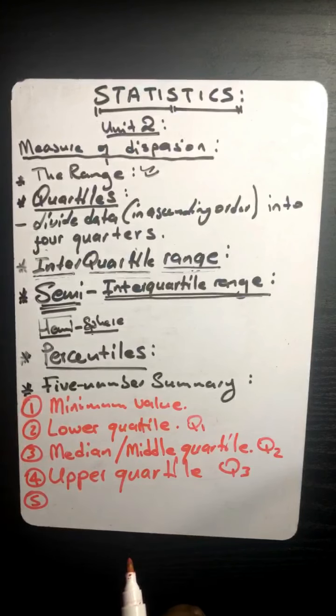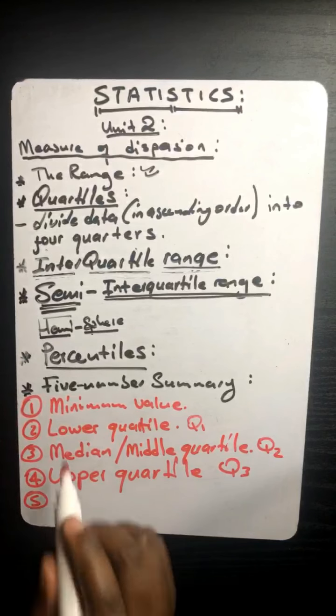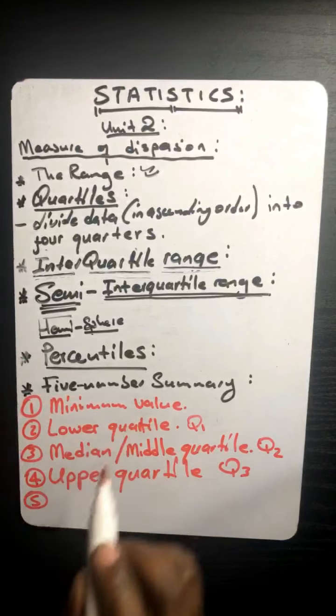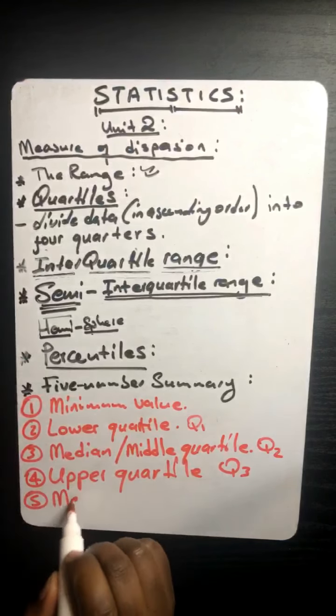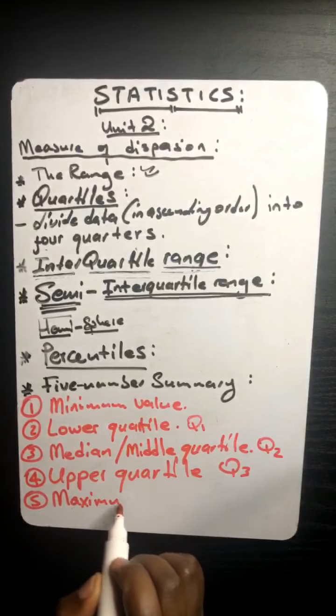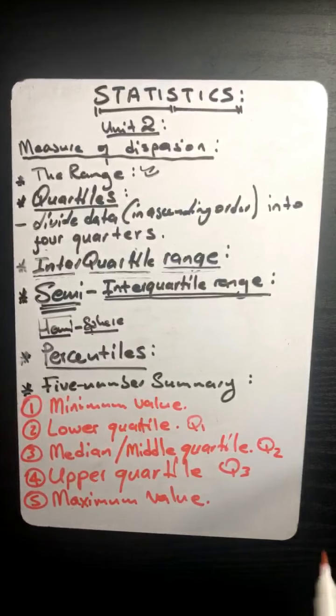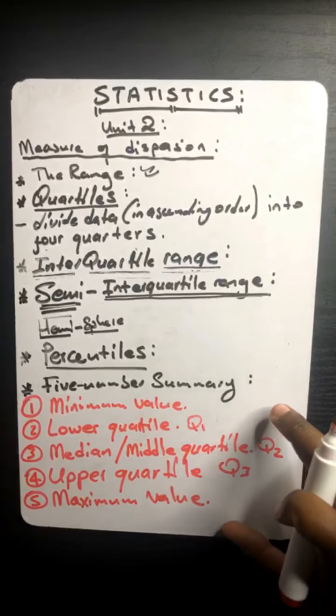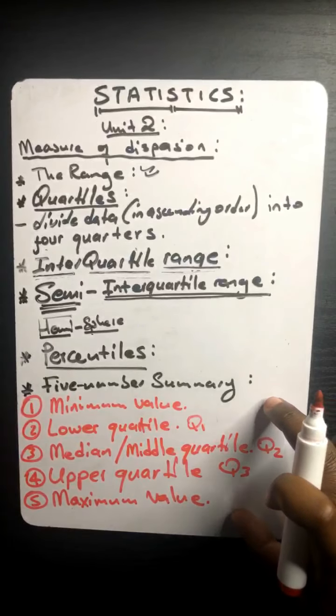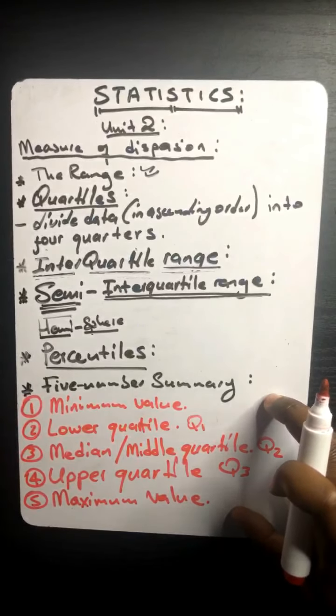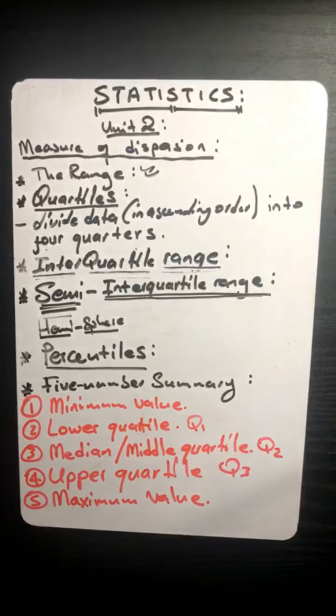So, number 5, since we had a minimum value, it's only fair that we have a maximum value over there. Guys, do you have a picture of what we are referring to when we talk about the 5 number summary?